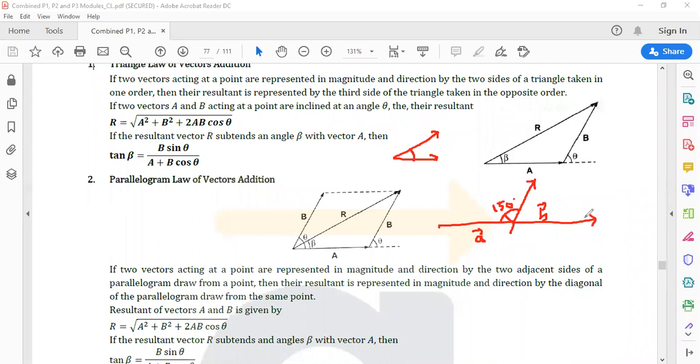I just shifted this vector parallelly, so this angle will be the angle between vector A and vector B. This angle is 30 degrees. So the angle between vector A and vector B is 30 degrees. Got it?